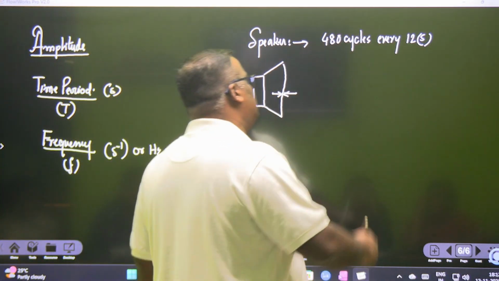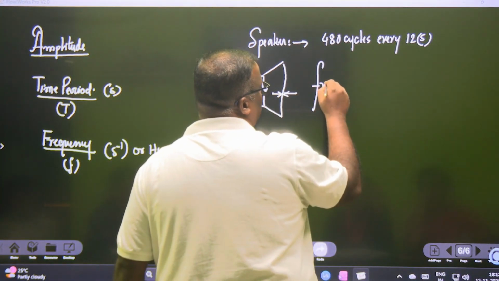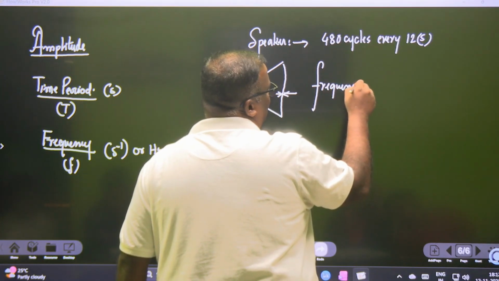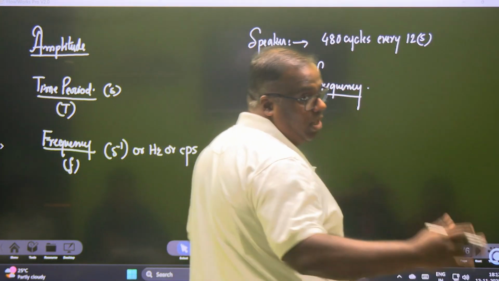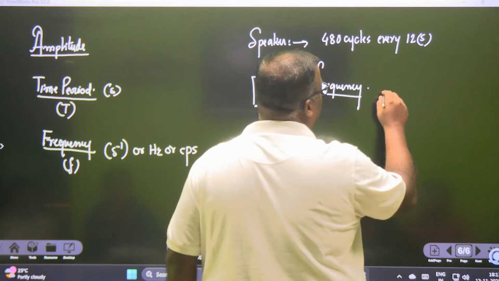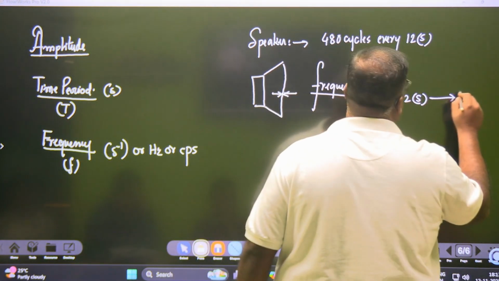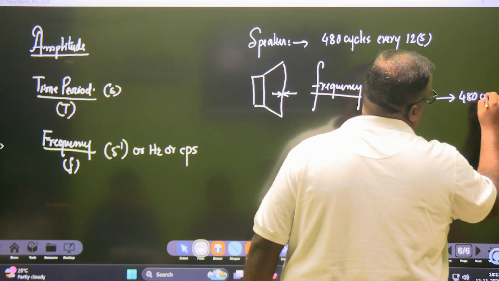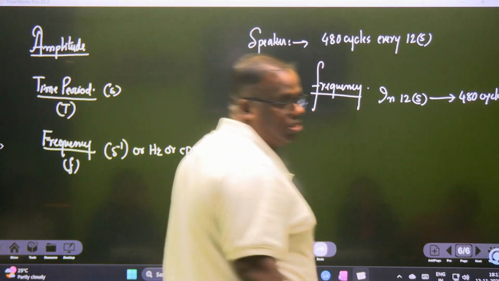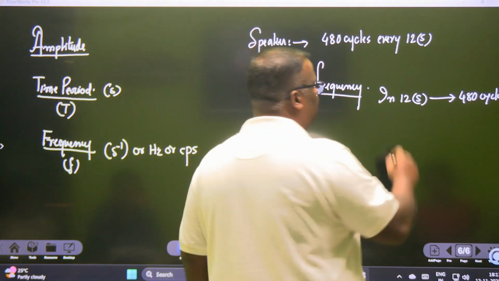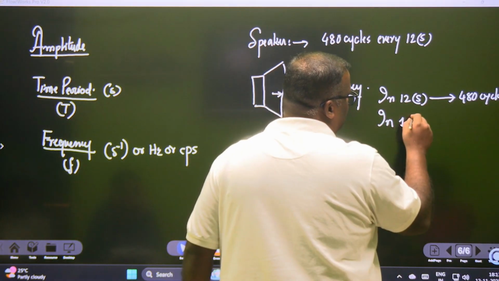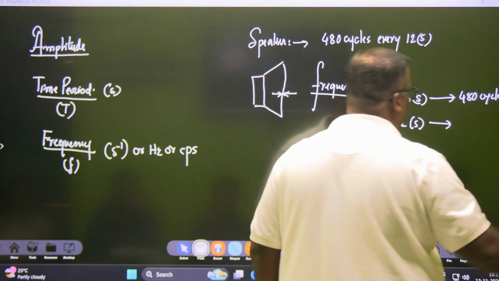Let's go by frequency first. How to find out the frequency? After all, in 1 second, how much? So we go like this. In 12 seconds, you're making 480 cycles or oscillations. Therefore, in 1 second, you'll be making how much?